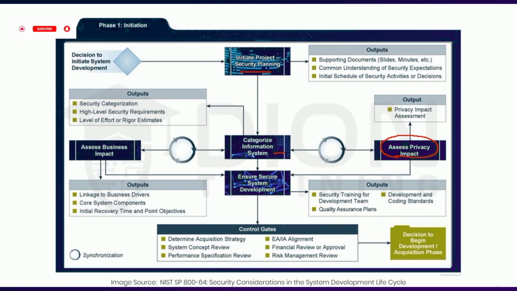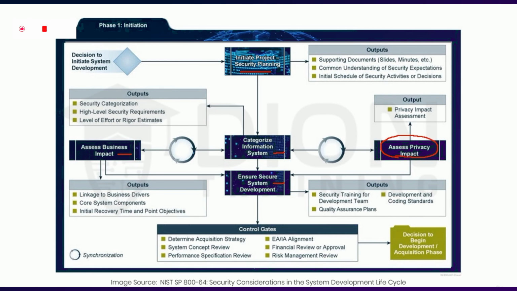These are the goals, the objectives, what is going to happen, and then we want to make sure that we are building secure system development into the process, and that's all going to stem from the privacy impact assessment and also the data protection needs as well. And then we will move on to the next phase once we have all of those outputs created.